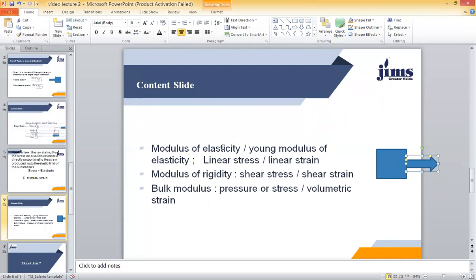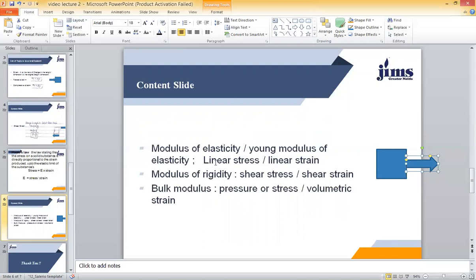So if we applied external force normal to the surface, then the ratio of linear stress to linear strain is called the Young's modulus of elasticity, or modulus of elasticity generally.